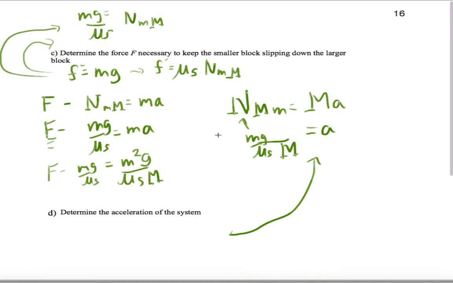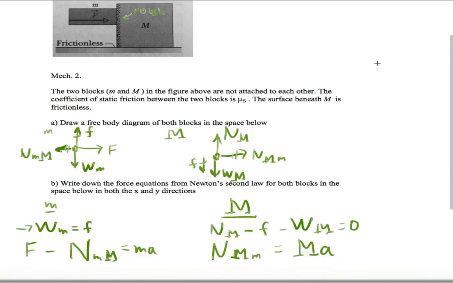And then I'm going to go ahead and solve for F. When I do that, I'm going to end up getting that F is big M plus little m times mg over mu s times big M. So that's the solution to both these problems. I got the acceleration, and I got F in terms of all the given variables here. And so that's the solution to the free response.